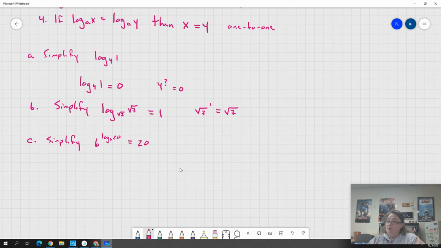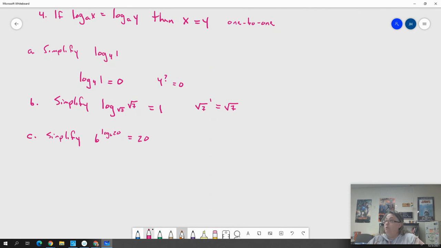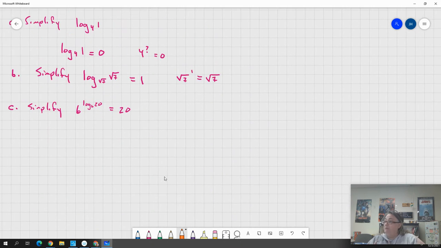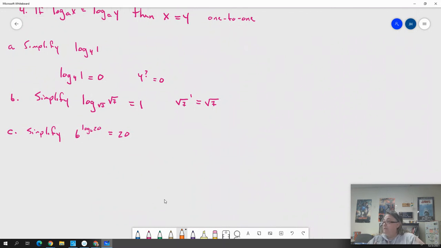We're going to talk a little bit more in depth here with this one-to-one property, but we'll refer back to it. As a matter of fact, I'm going to rewrite the one-to-one property right here before we move on, just so we can see it. If log base A of x equals log base A of y, then x equals y, right?